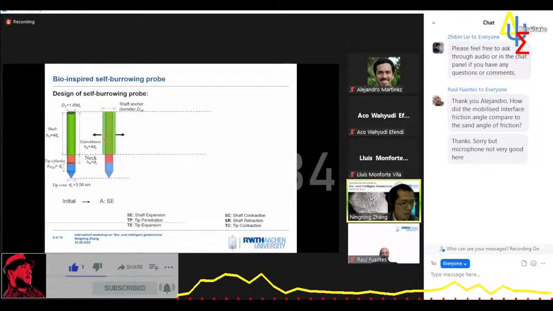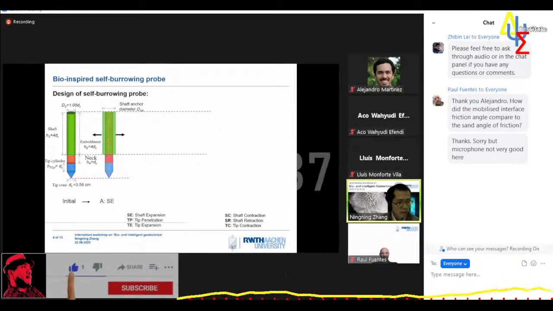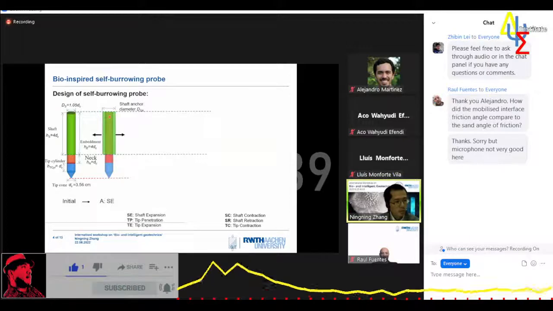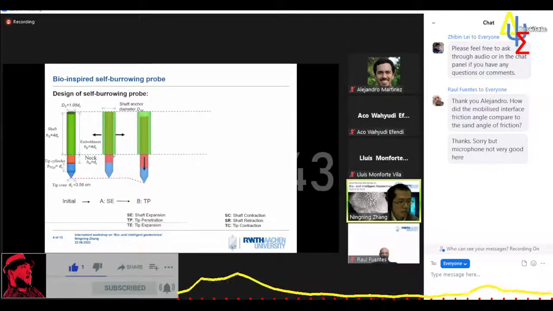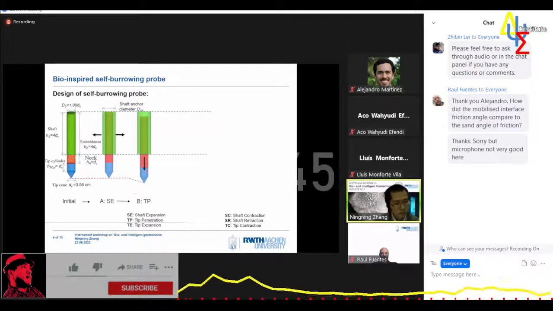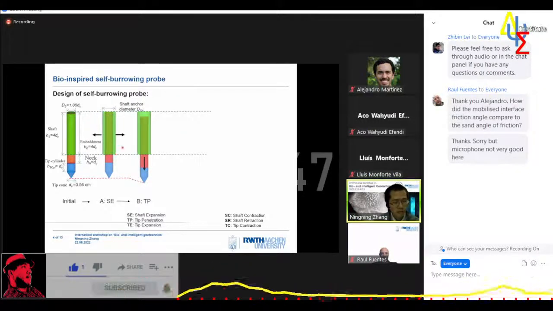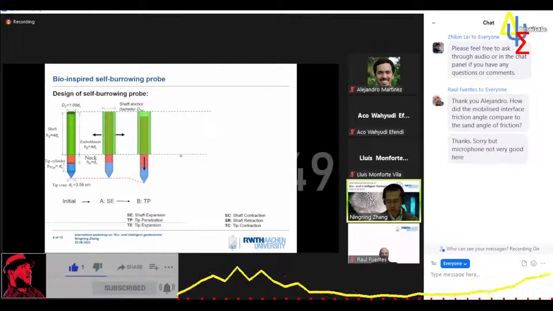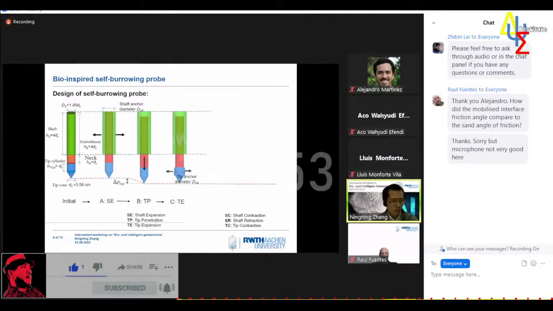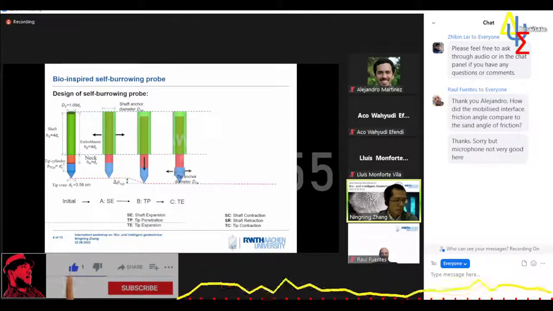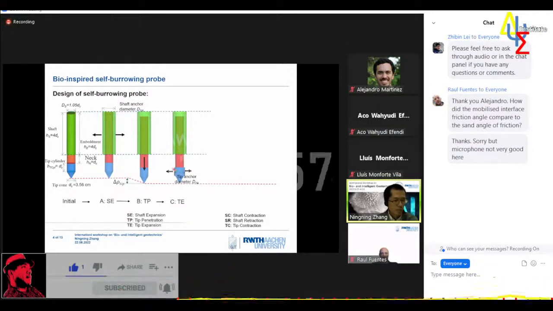In the first step, shaft expansion, the shaft expands to form one anchor. In the next step, the tip penetrates into the soil with the help of this shaft anchor through a distance of delta z tip. Then the tip expands to form another anchor.